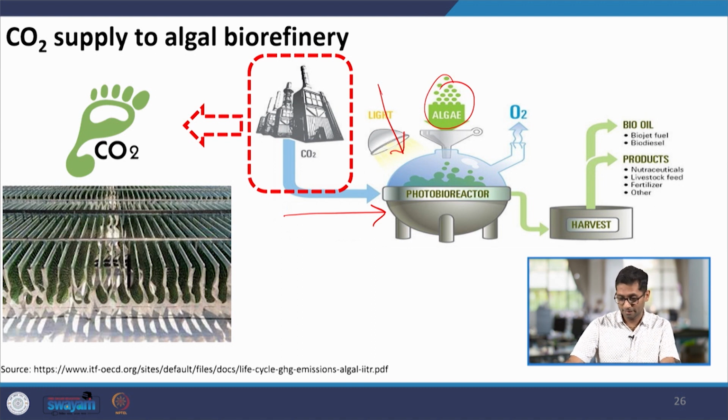And what do you do with the algae that is produced? You can produce different kinds of fuels, maybe bio oil, biojet fuel, biodiesel, and also there could be some good products like nutraceuticals, fertilizers, livestock feed. And what we wanted to analyze here is the impact of CO2 supply and the CO2 production. So the CO2 footprint of the CO2 supply itself, that was an interesting study that we undertook.